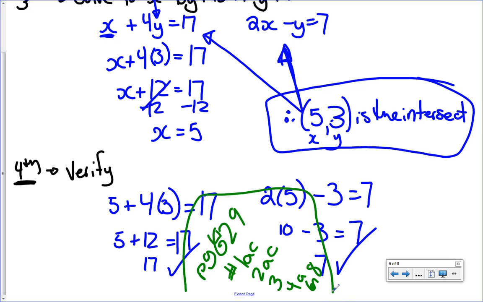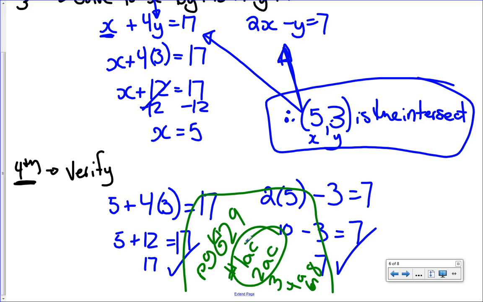Please try at least these 4 questions. I would like to see those 4 questions done when I'm back tomorrow, because tomorrow we're going to look at creating equations from real life problems and then solving them using substitution, kind of the same thing we would have done the second block on Thursday.